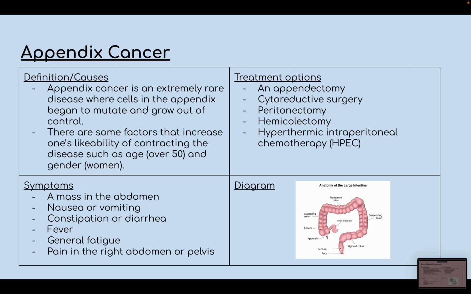And you can see the diagram, which is just a structure of the intestine. And you can see the appendix is actually near the cecum. It's that very, very small tip that's right below.